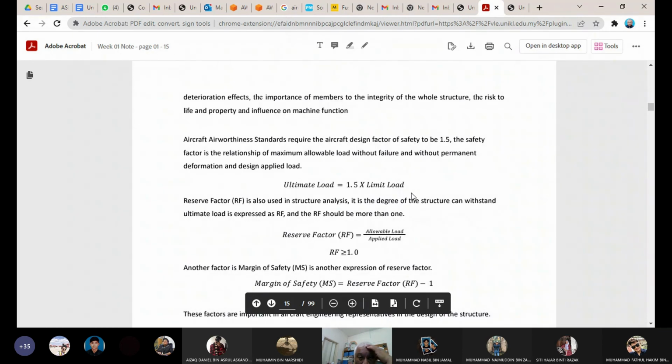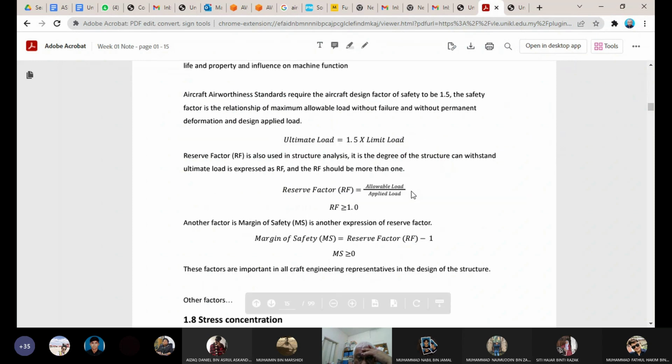Any questions? And also there's another term, reserve factor, which is allowable load over applied load, and it should be higher than 1. If your structure is capable of carrying 100 and you design it to 150, then 150 over 100 is 1.5.